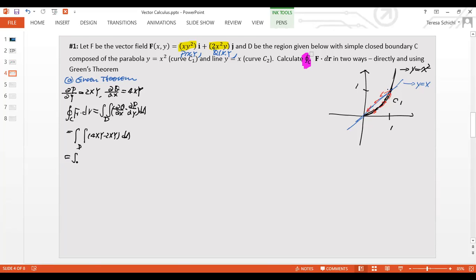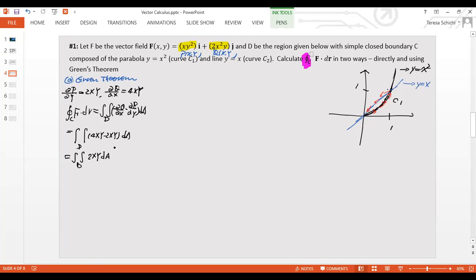So this is 2xy, and now it's in dA, so this is my area.